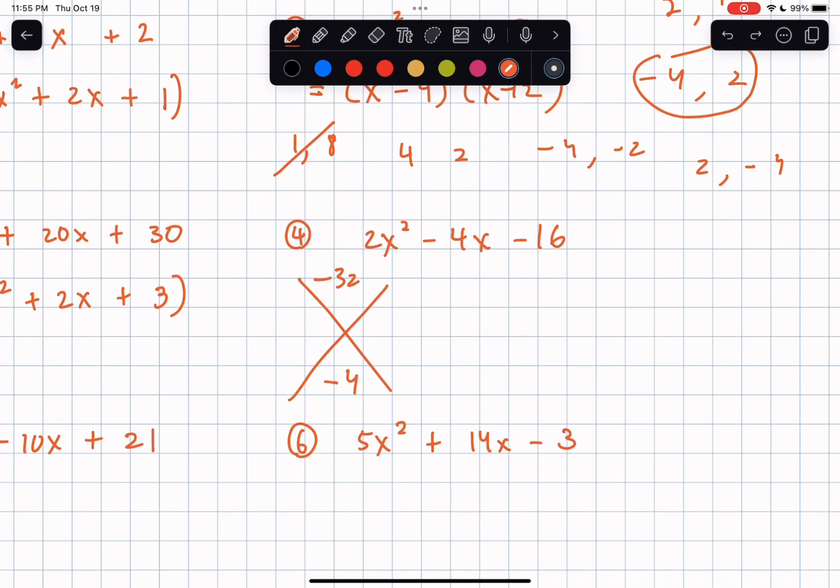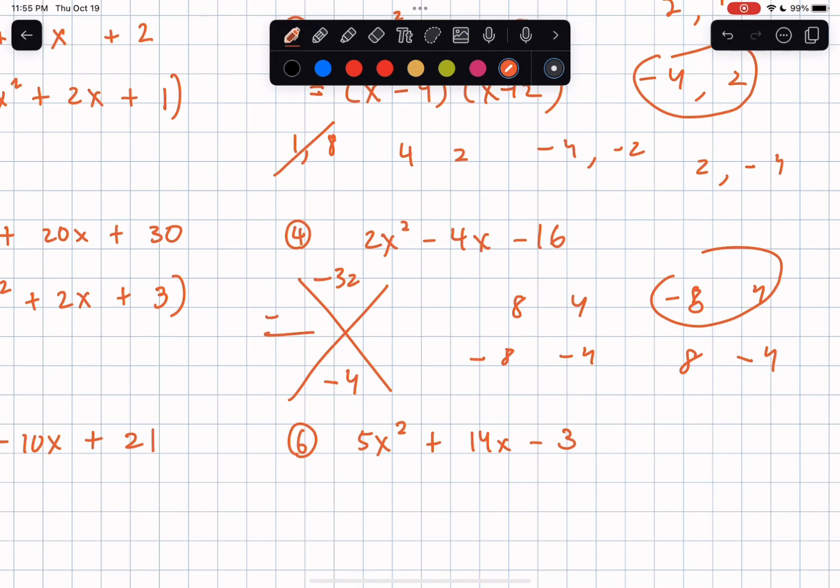I multiply these two values, and I put it on the top, so negative 32. Then I put the negative 4 at the bottom. Now I'm doing the same thing as the question before, but I'm trying to find a number that multiplies to negative 32 but adds up to negative 4.